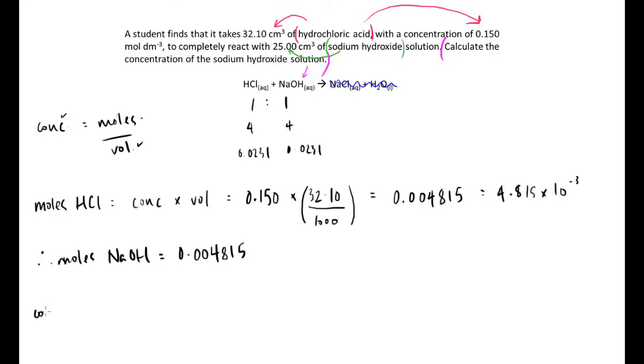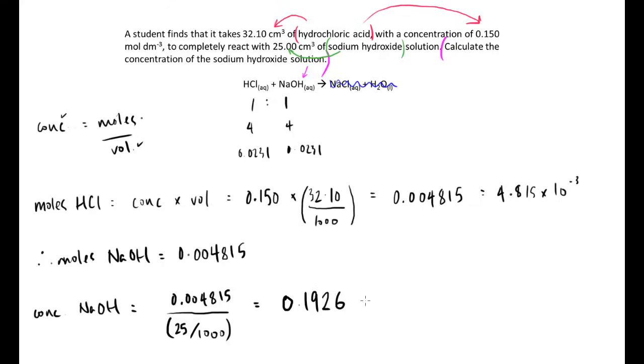So, final step now, concentration of sodium hydroxide is equal to moles 0.004815 divided by volume 25 divided by 1000, of course, as always, and that's it. Get your calculator out, work that out, boom, there's your answer.